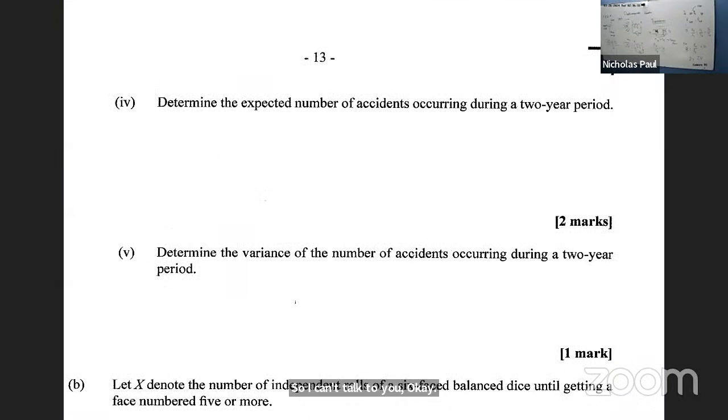Find the expectation during a 2-year period. What would it be? Expectation for one year is lambda. So for a 2-year period is what? 12, right? 12.